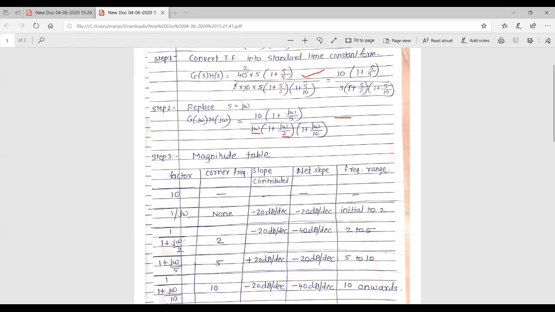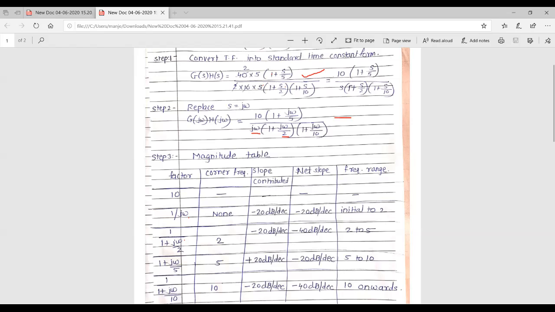Okay. Now similar to decade, we can have octave also. You will find that in your notes what you already have. Right now, no need to refer to that. Octave is the frequency ratio of 2. People think that octave is frequency ratio of 8, but that is not right. Frequency ratio of 2 is called as an octave.